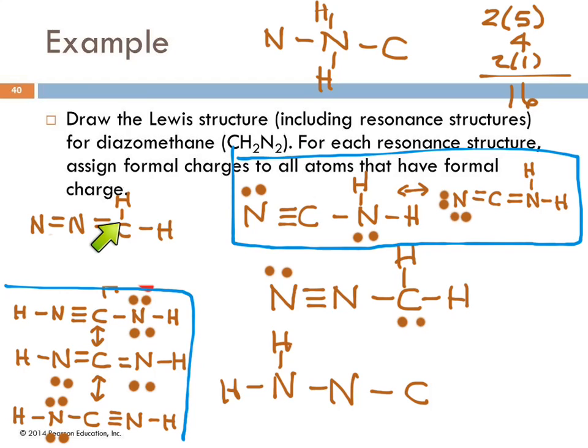So this carbon has 2, 4, 6, 8, the nitrogen has 2, 4, 6, 8, and then the lone pairs would be over here. So counting 2, 4, 6, 8, 10, 12, 14, 16. So that is in resonance with this guy.